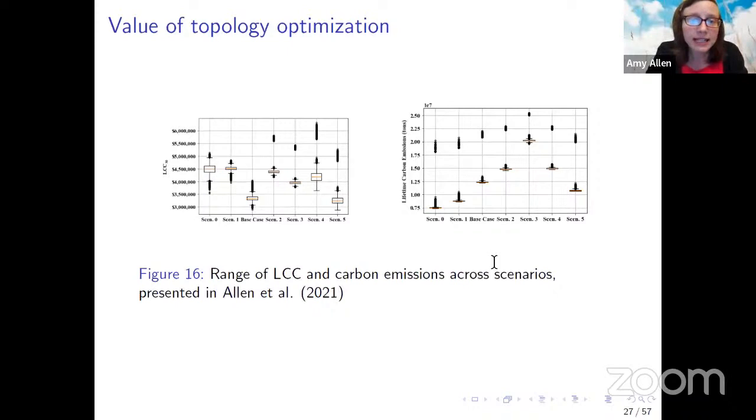As one can see, the variation is quite significant, motivating the use of topology optimization to choose scenarios with lower life cycle cost or also with lower carbon emissions. And the objective function could easily be adapted to focus solely on that or to weight carbon emissions as a greater component of the objective function.